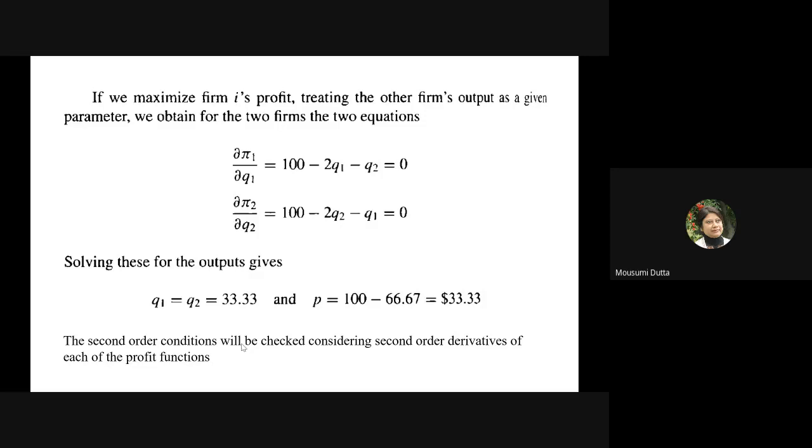This is the intuition. You know there are several other firms operating in the market, producing similar kinds of commodities. So how will you accommodate the other firms in your profit maximizing decision?